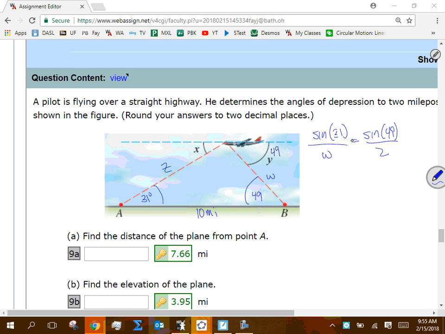Now what's the problem with that? Two variables. So I need the third one, which would be the sine of, what's the third angle? Yeah, that angle right there has to be 100 degrees. So sine of 100 over 10. And now you have to use that ratio with any of the other two, and you should be able to find W and Z. Okay?